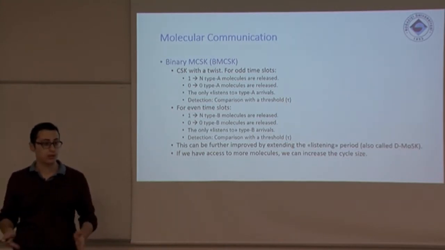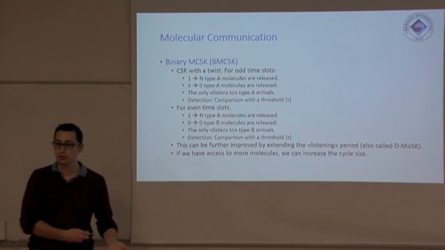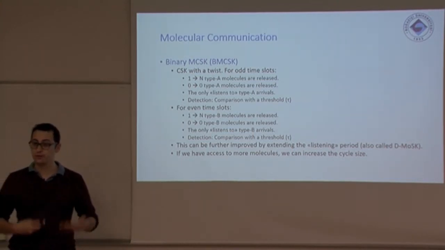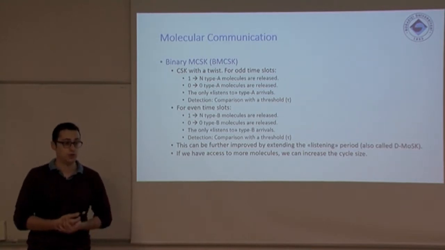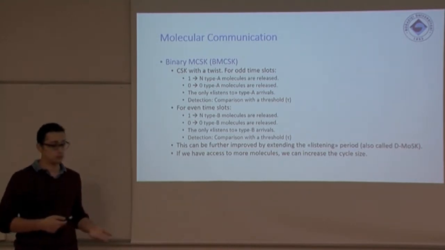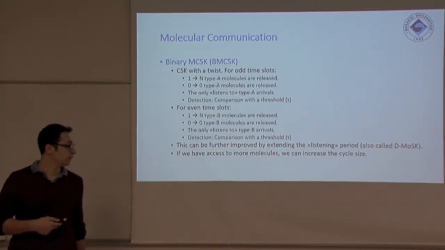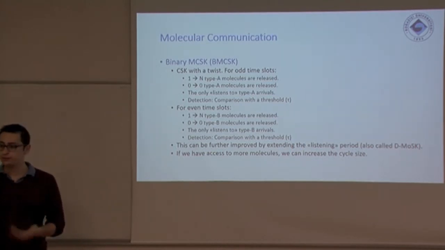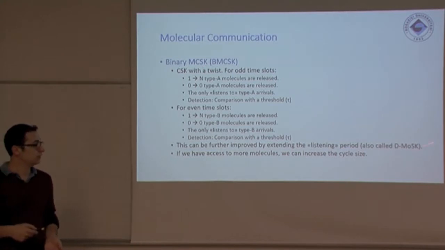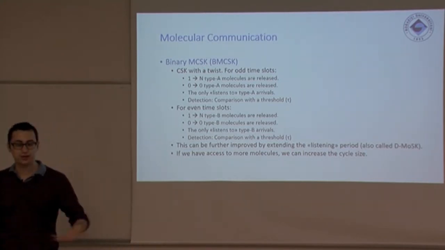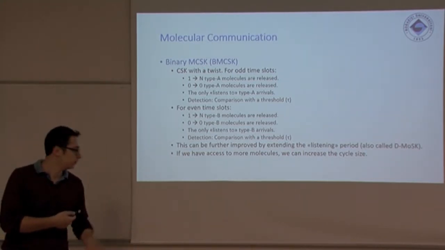When we do this, we get a stronger signal, which corresponds to less noise, less variance in the number of received molecules. So we'll have better performance overall. This is called DMoSC in the literature, but I'm going to refer to MCSK and DMoSC as the same thing because they're extensions of each other pretty much.